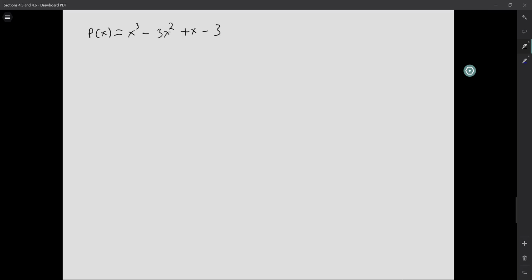Now, I don't have to do the rational root test on this one, but I can. So I'm going to say possible rational roots. We're looking at plus or minus 1 and 3. So we have an easy setup for this one.